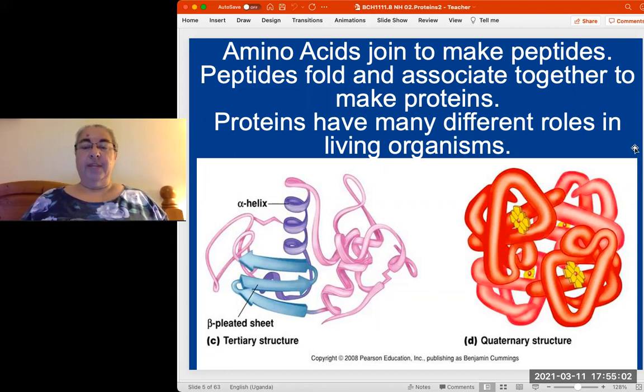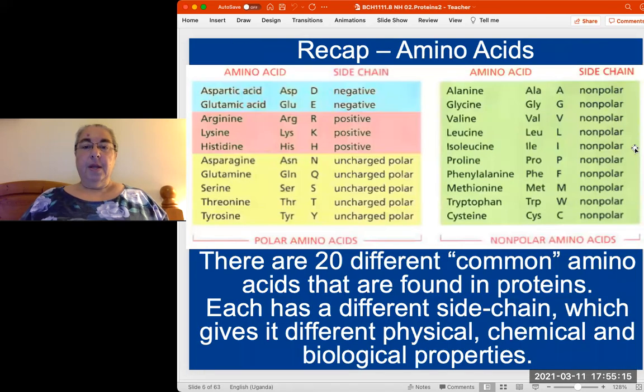Okay, and please do remember just how important proteins are. They are essential for playing many different roles in living organisms. And then last time we looked at different amino acids, and most of the time we talked about the 20 common amino acids.